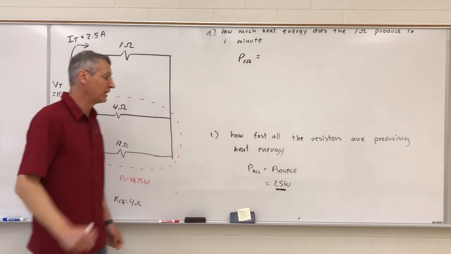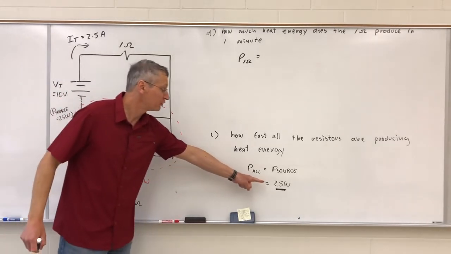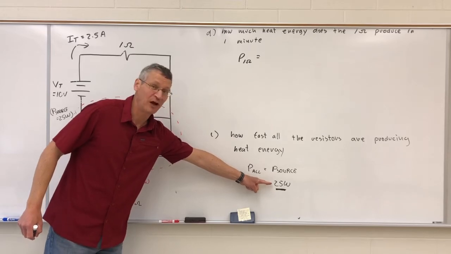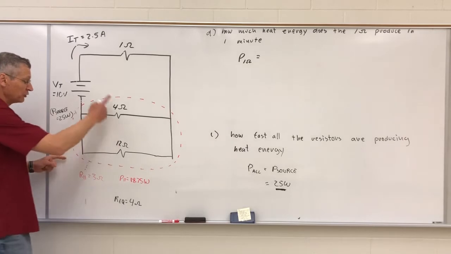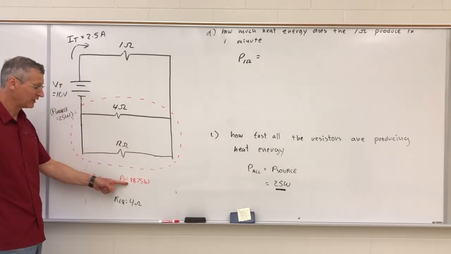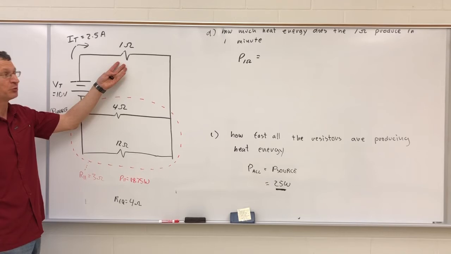A couple different ways. How about this? All the resistors are producing heat energy at the rate of 25 joules per second, or 25 watts. These two, they're producing heat energy at the rate of 18.75 joules per second, or 18.75 watts. So how fast is this one producing heat energy?